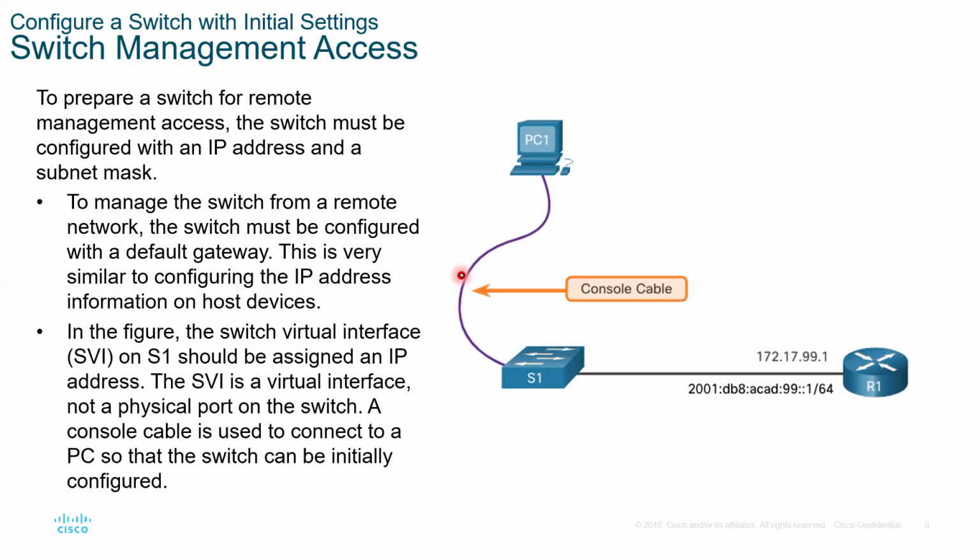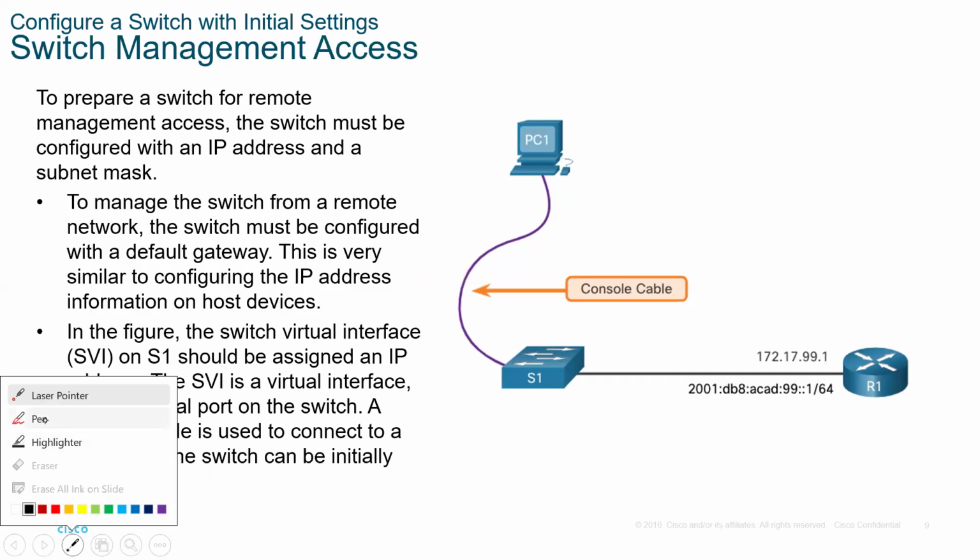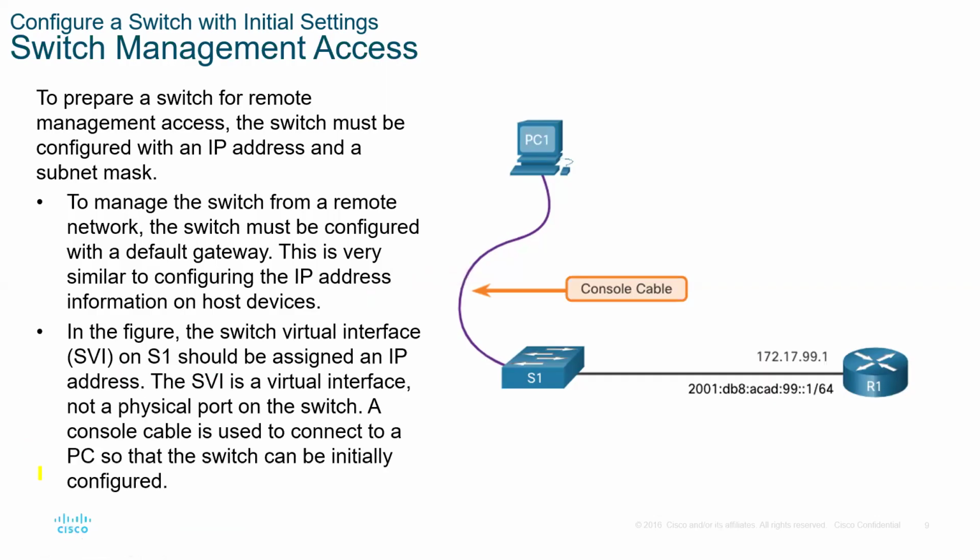To prepare a switch for remote management, the switch must be configured with an IP address and a subnet mask. We have what we call the switch virtual interface. A switch, by default, does not have interfaces where we can configure IP addresses like our router.